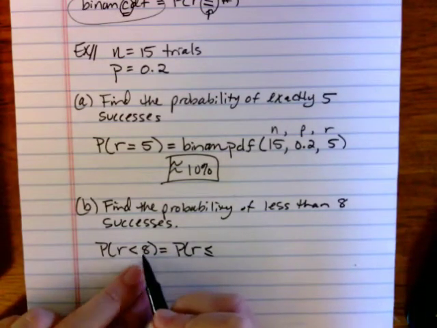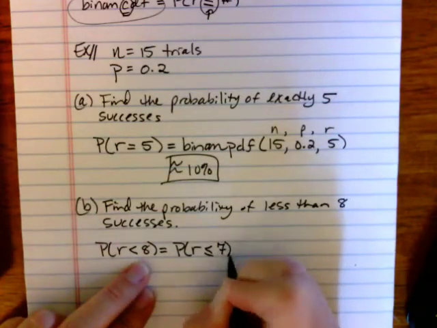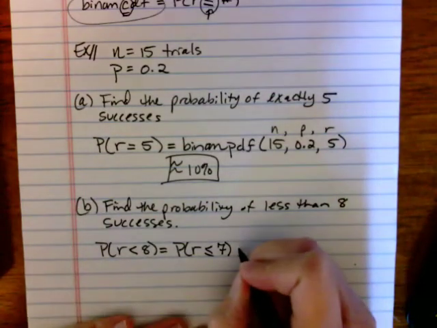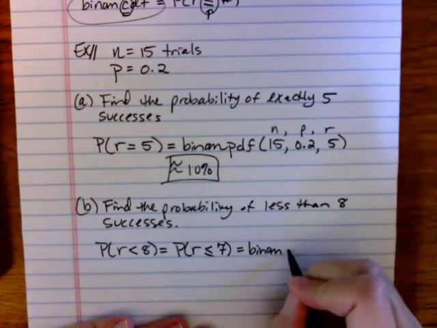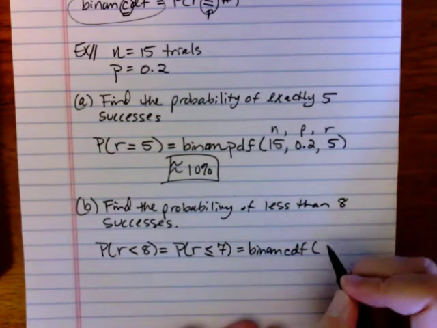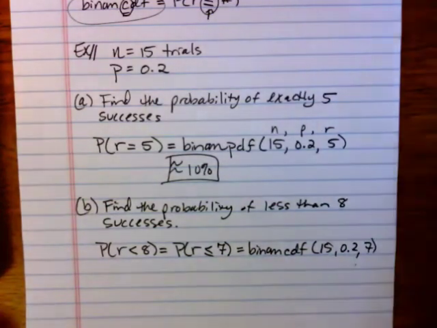Well, if I have less than 8 successes, then it must be the case that I have 7 or fewer, that my number of successes is less than or equal to 7. And that's what I'm going to put into binom CDF. Again, it wants N, P, and R, so 15, 0.2, and 7, and that's what we would run.